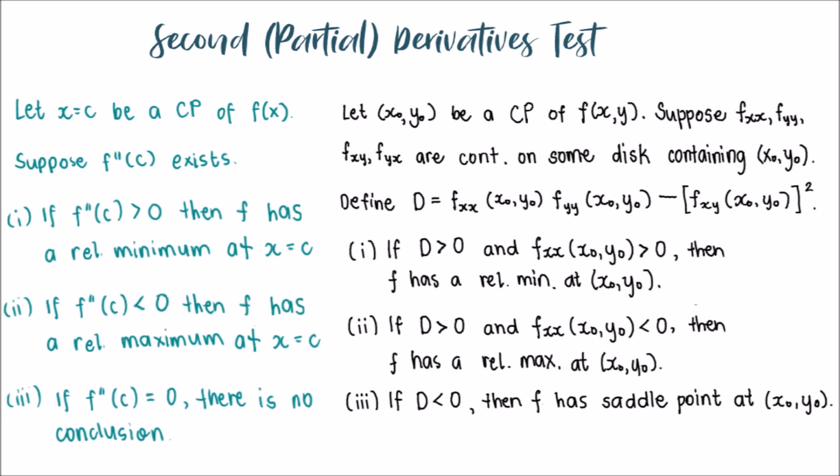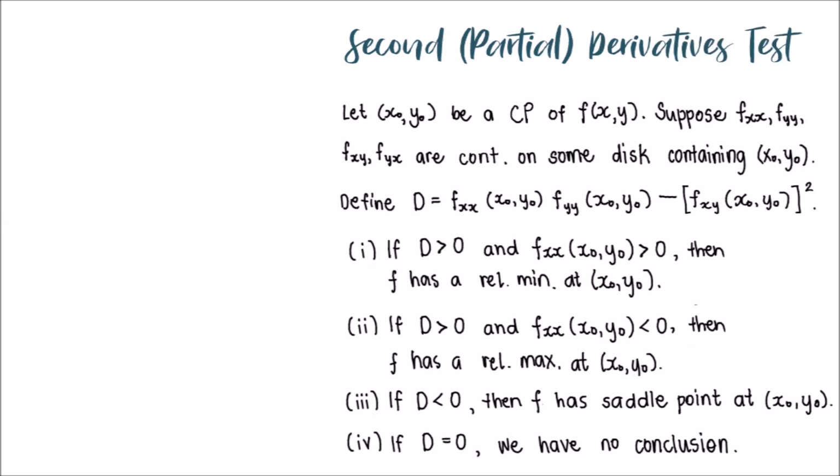That is, we are sure that there is no relative extremum at that point. And if D is 0, then there is no conclusion. That is, there may or may not be a relative extrema at the critical point. So for this special case, oftentimes we observe the nature of the function carefully, possibly together with its graph, to determine if there is a relative extremum, but for our class, we will only consider functions where the SDT would apply.